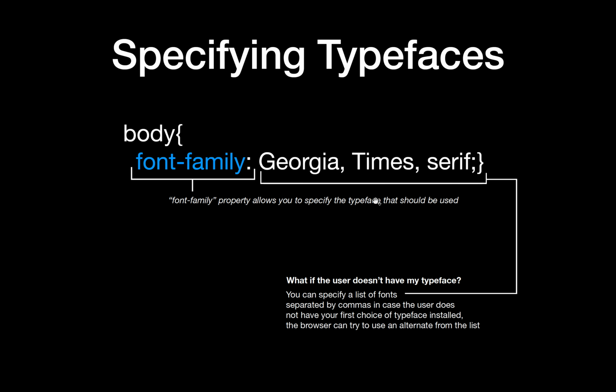So again, thinking about different users, different browsers, different technologies they may have or not have, we want to make sure that we give some options to make sure that our page shows up as close as we intended as possible. So using web fonts alleviates a lot of this problem because it can actually pull the font directly from the web rather than having to rely on just the browser or the user's system.